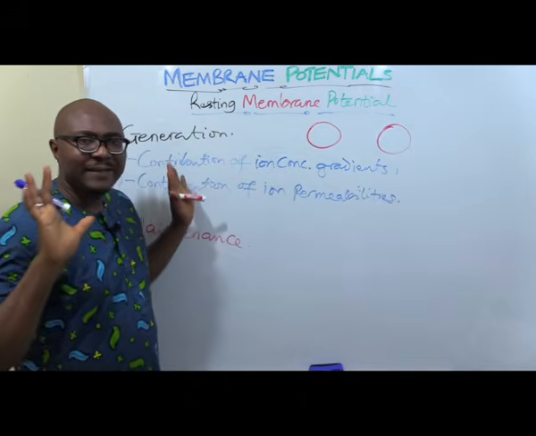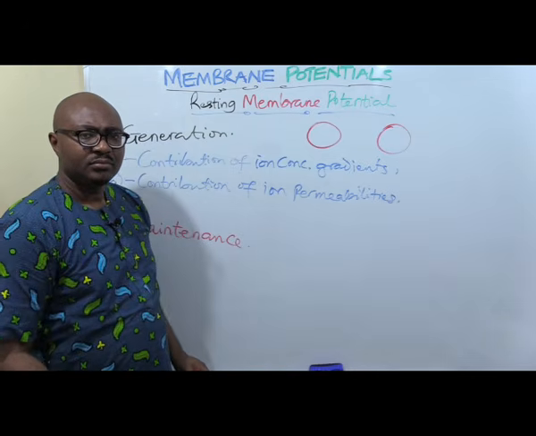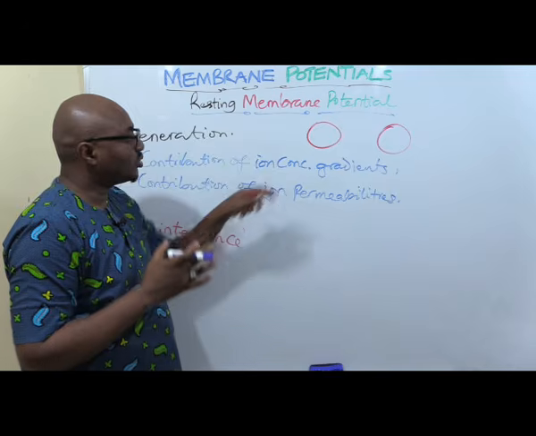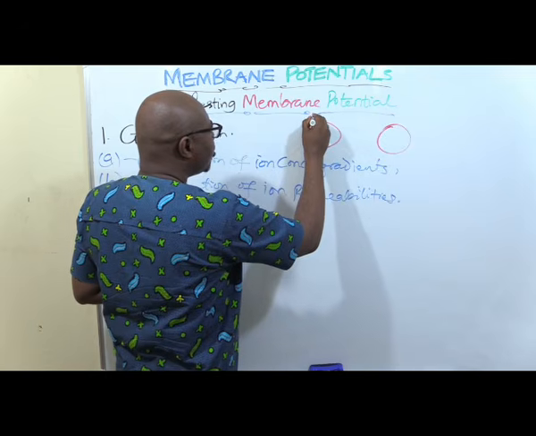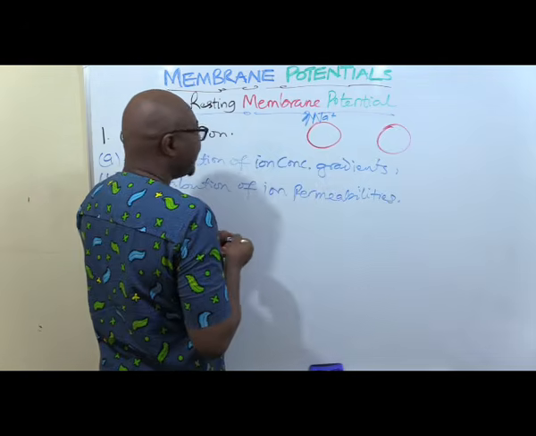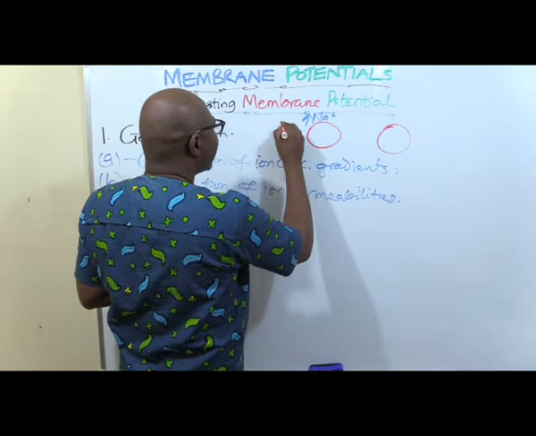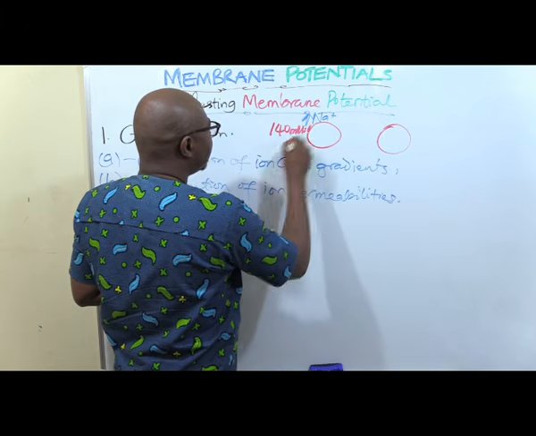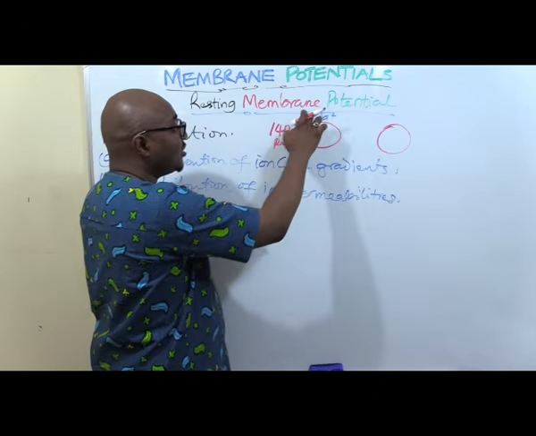Now, naturally, potassium is very high intracellularly compared to its extracellular concentration. So let's put this one as sodium. Sodium is very high outside. Actually, it's about 135 to 145, so let's just put 140 millimoles per liter. That's the concentration of sodium outside.